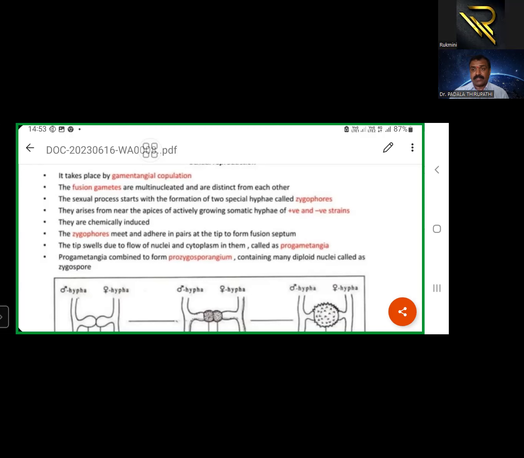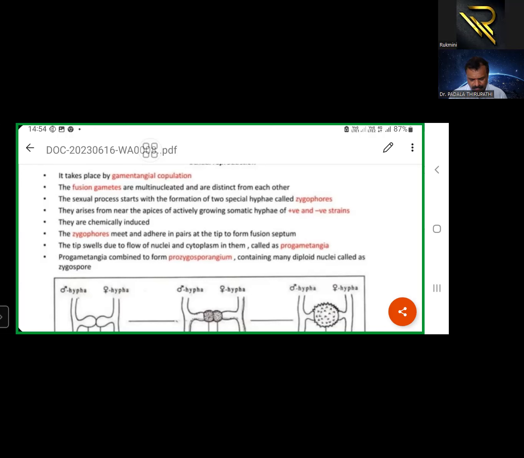Actually, in this Mucor mucedo species, two strains are involved in the sexual reproduction process, but they are not different morphologically. That means these are morphologically similar.